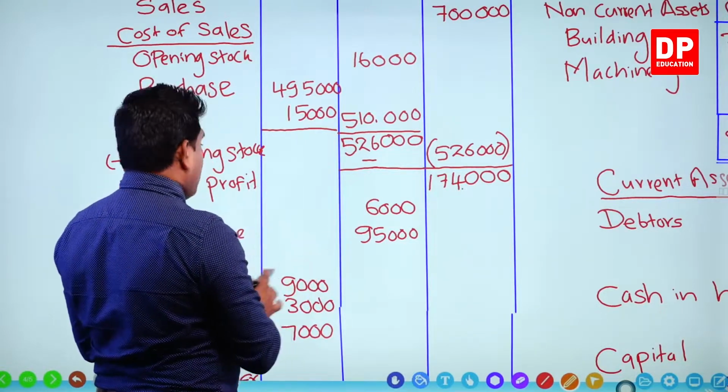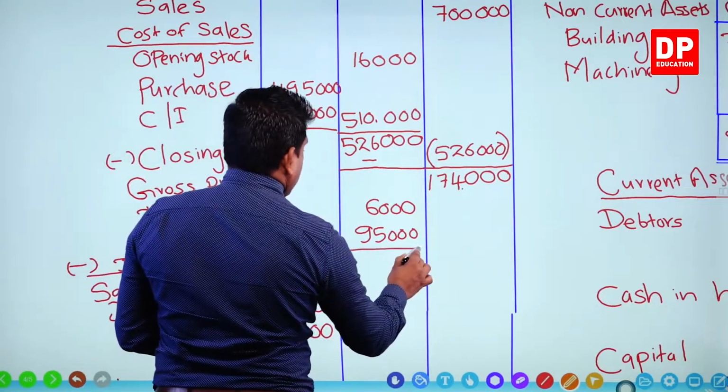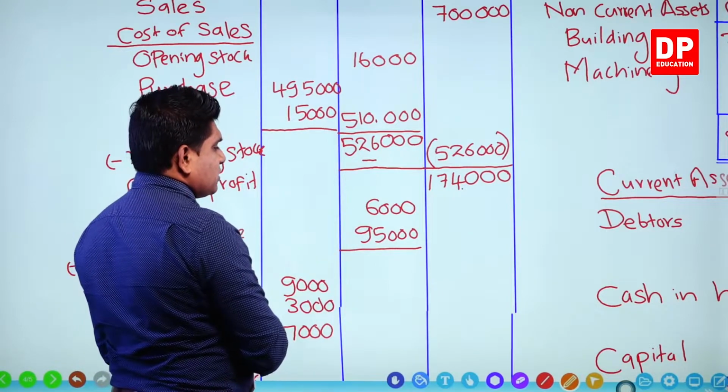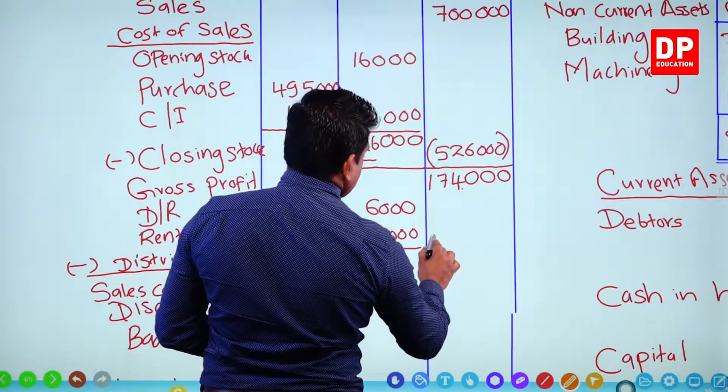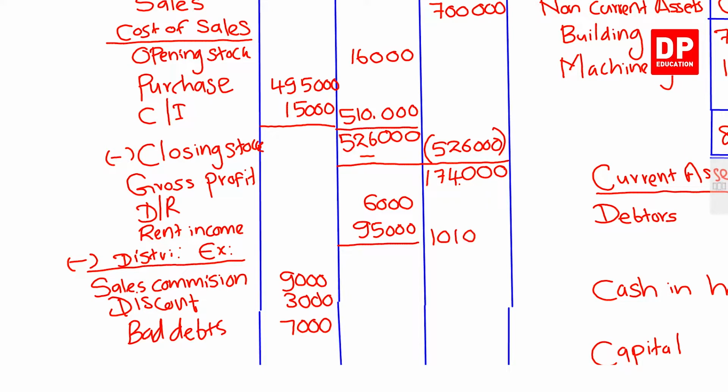Then there is other income: 95,000 plus 6,000, how much? 101,000. Other income and gross profit you have to add. Then 275,000 is your total income.